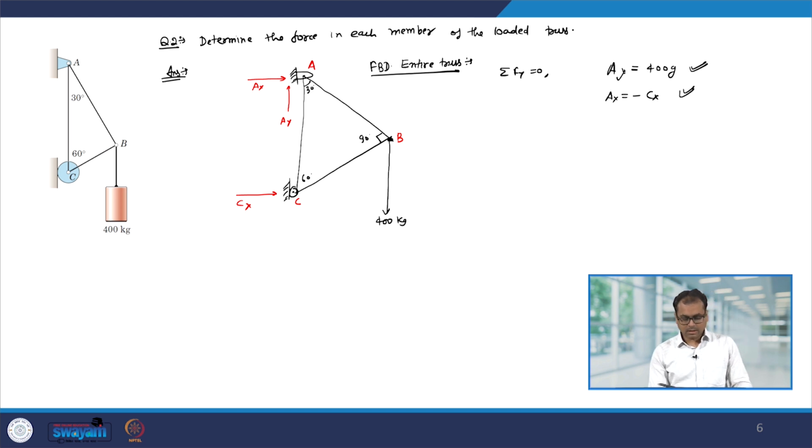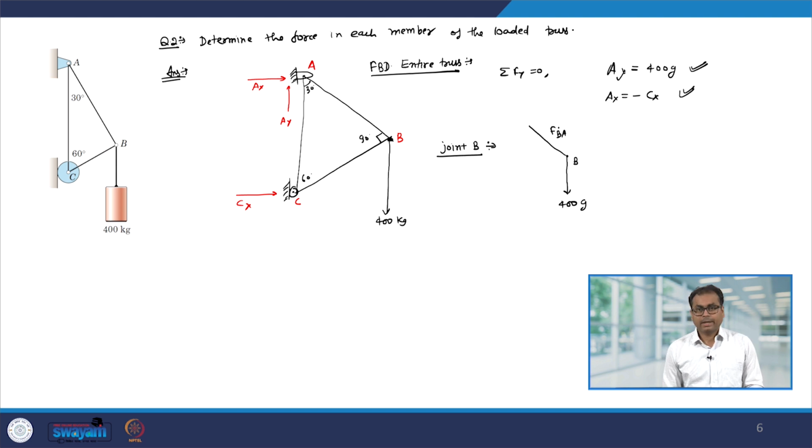Now, let us look at it by joint. So, let me consider the free body diagram of joint B. So, at B you can see that there is a force of 400 G which is acting downward, and then there will be a force along AB.